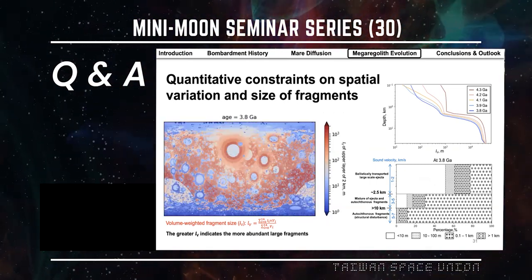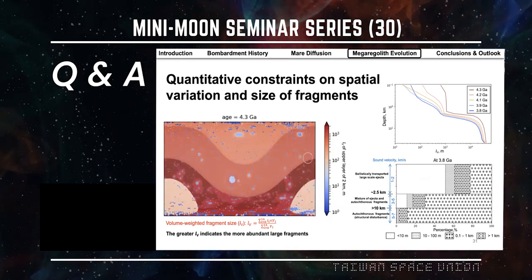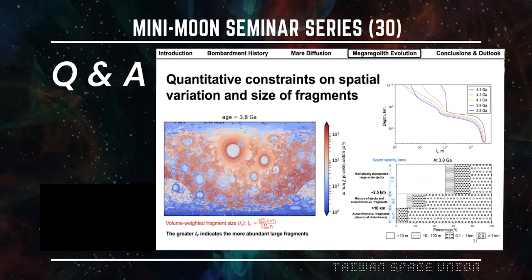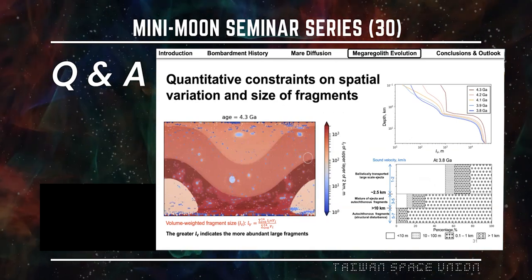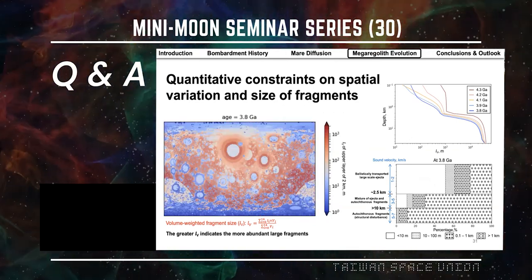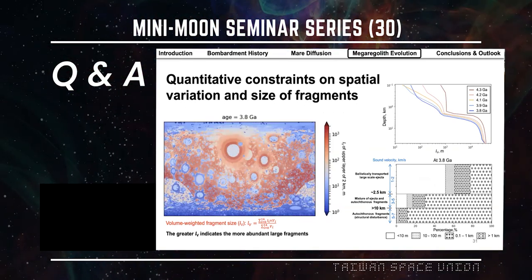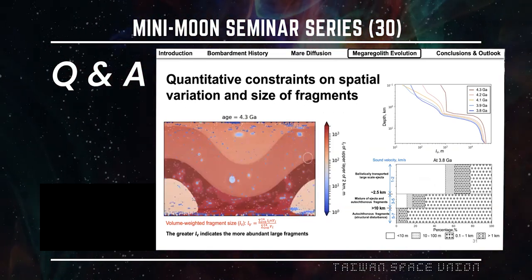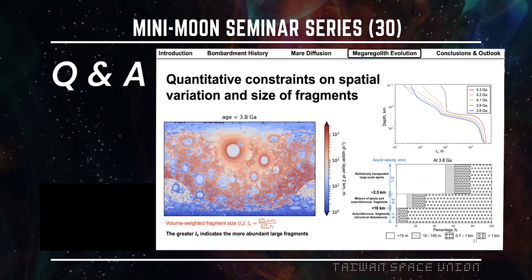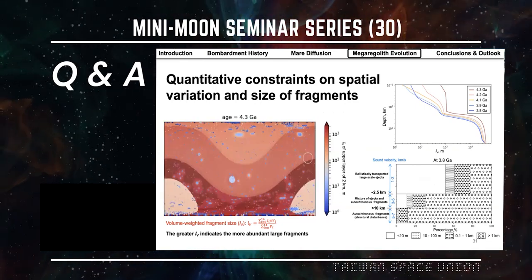Okay. In this model, I assume at the very beginning, this model assumes the whole lunar crust has not been damaged. It's like a whole target. And then this kink is caused by the formation of South Pole Aitken Basin.